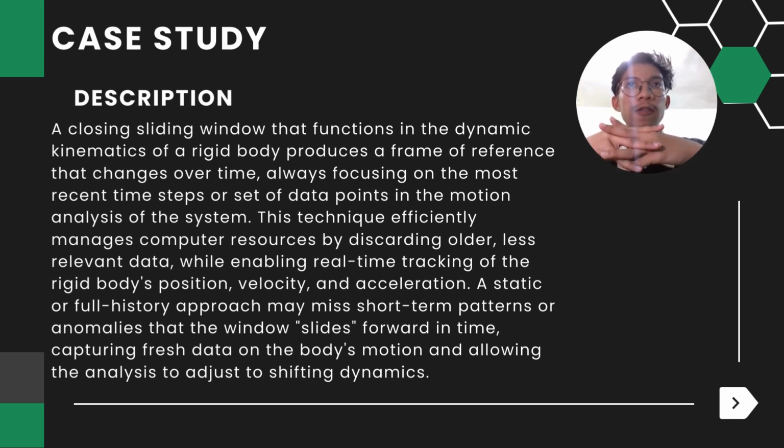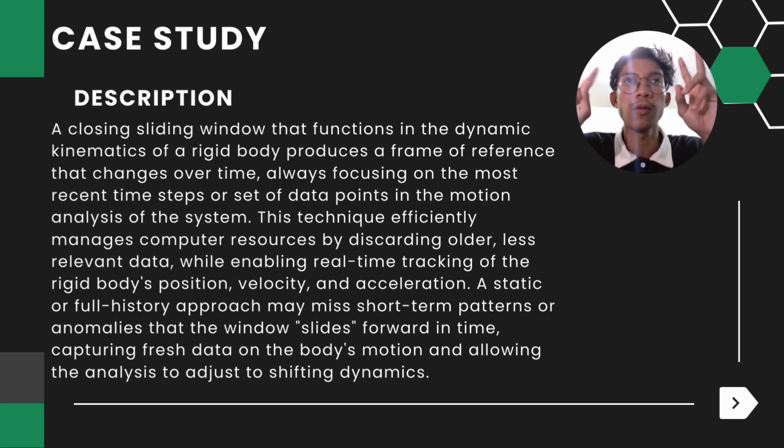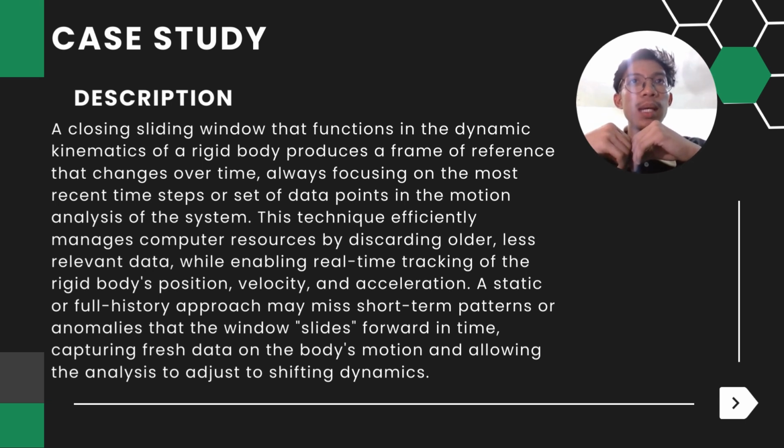This technique efficiently manages computer resources by discarding older, less relevant data while enabling real-time tracking of the rigid body's position, velocity, and acceleration. A static or full-history approach may miss short-term patterns or anomalies. As the window slides forward in time, it captures fresh data on the body's motion, allowing the analysis to adjust to the shifting dynamics.